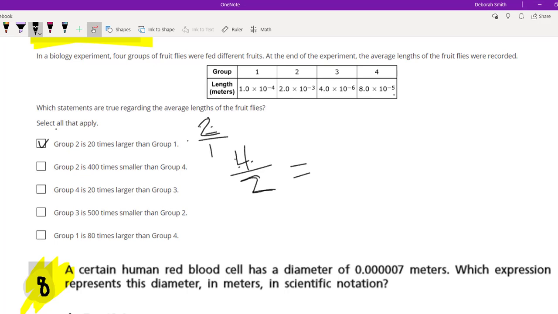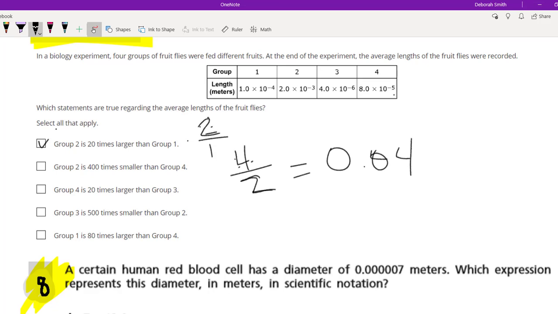So parentheses 8 times 10 to the negative 5th, close parentheses, divided by group 2, parentheses 2 times 10 to the negative 3rd. Okay. Here I got 400ths. Sorry, 400ths. So that's not something I'm going to pick.